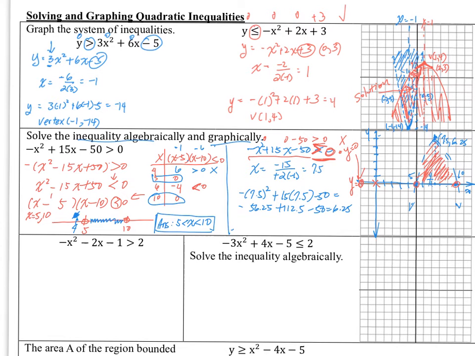We don't want any points below. If we were to put a 4 here, we would get a negative y value. Here, we could let y equal this entire quadratic function, which is greater than 0. We can't have a negative y value. So we can present our solution as everything between 5 and 10.